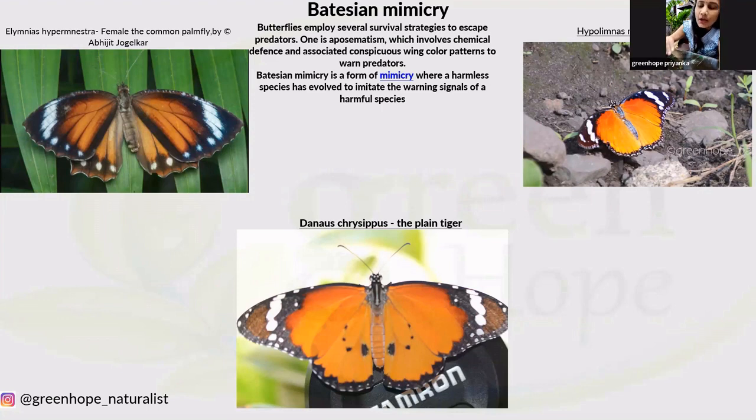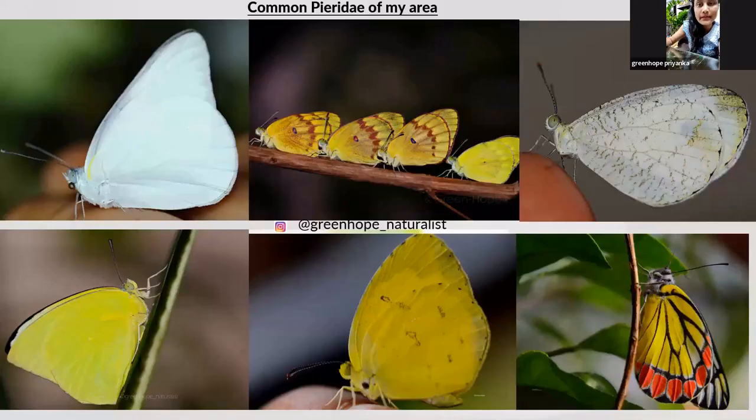Why does the female mimic? Females do not do mud puddling. Females mimic to save themselves from predators, because female lives are very important in the natural world to carry their genetics and increase their population. If predators eat them, how will they lay eggs, how will their generation go ahead, and how will their numbers increase?